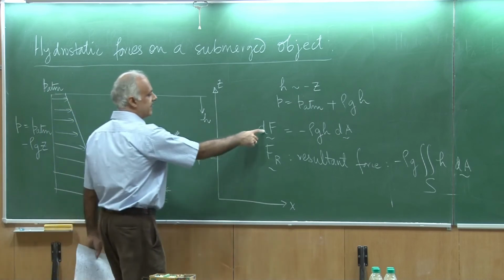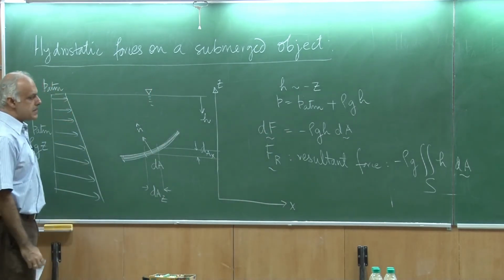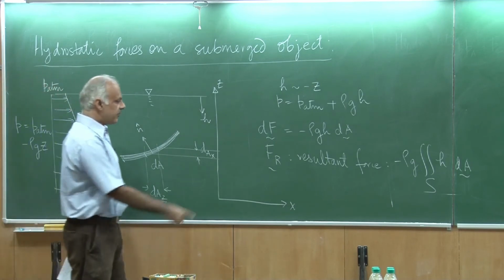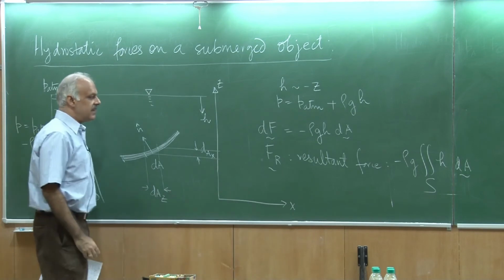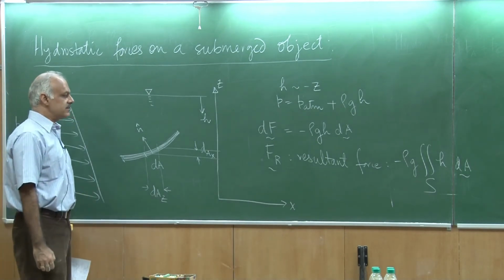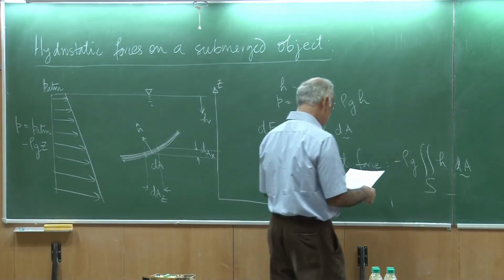So, I have simply integrated this equation over the entire area, and this Fr is a vector. So, it has a component along the x direction and it has a component along the z direction. So, I can calculate these individual components.